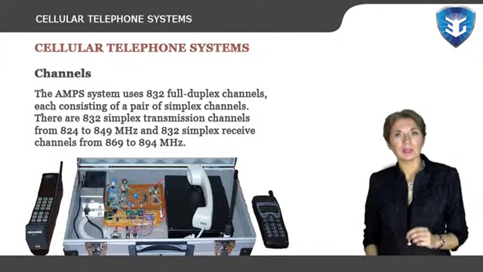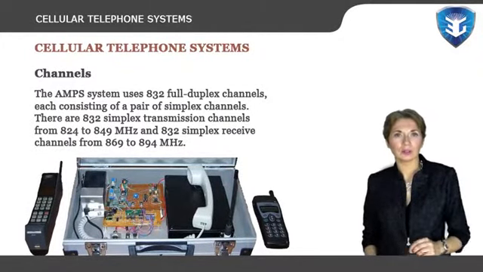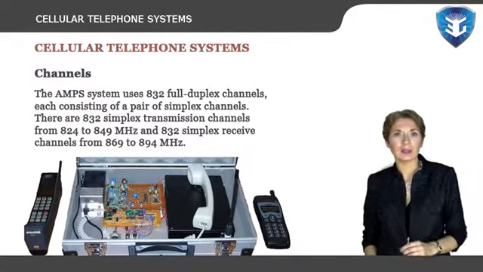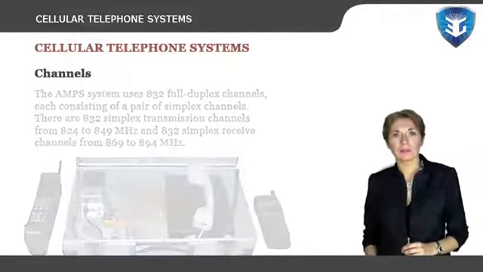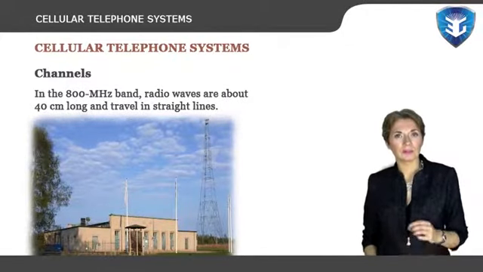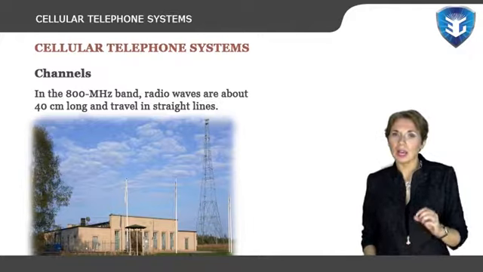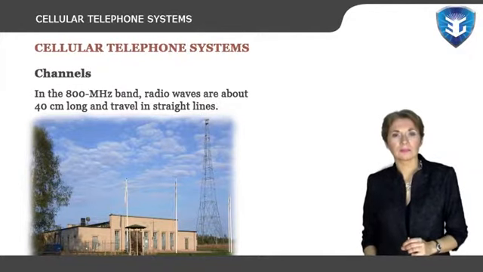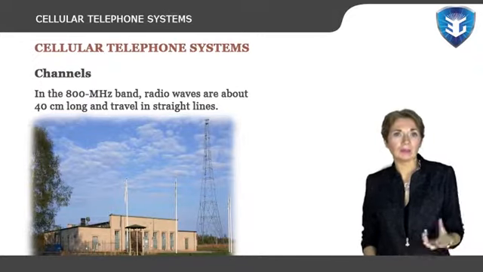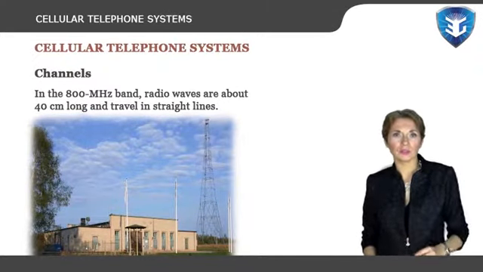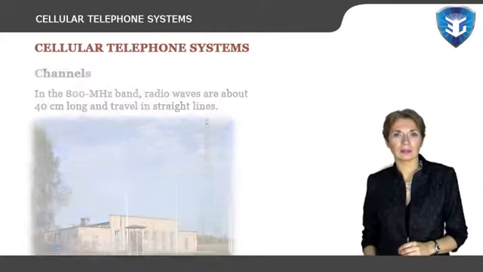Each of these simplex channels is 30 kilohertz wide. Thus, AMPS uses FDM to separate the channels. In the 800 megahertz band, radio waves are about 40 centimeters long and travel in straight lines. They are absorbed by trees and plants and bounce off the ground and buildings. This may lead to an echo or signal distortion, multipath fading.